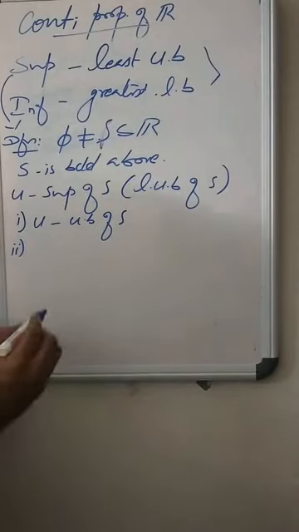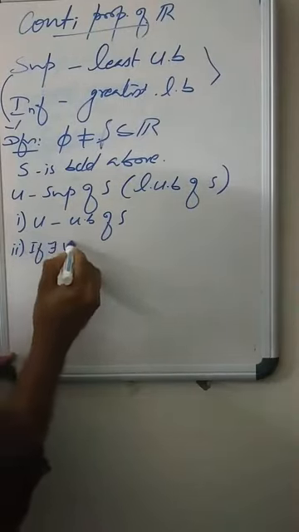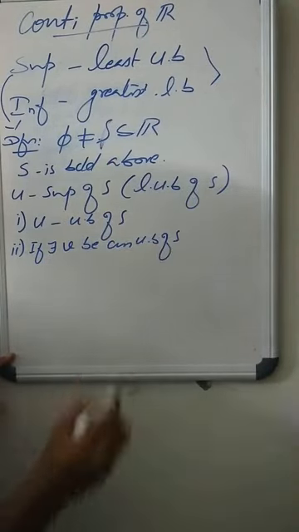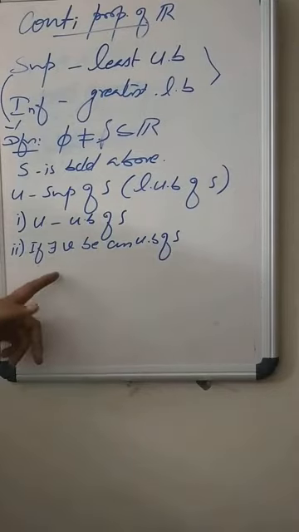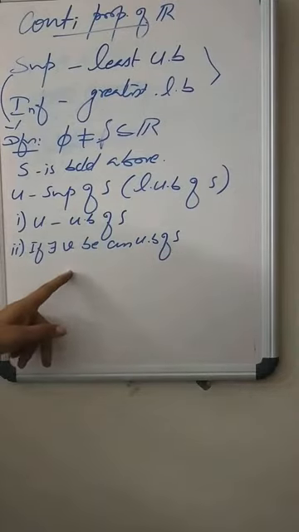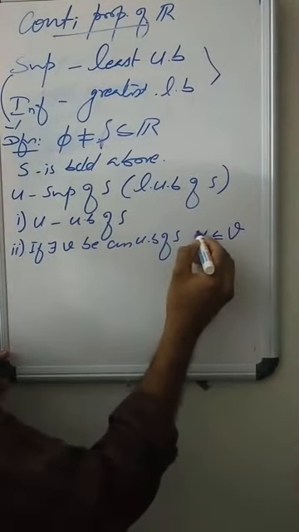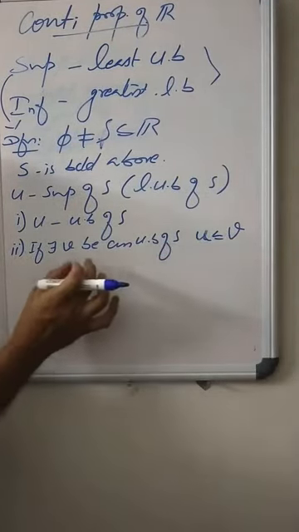That means if there exists another upper bound v of S, then u should be less than or equal to v.